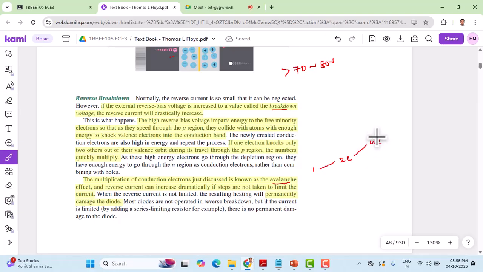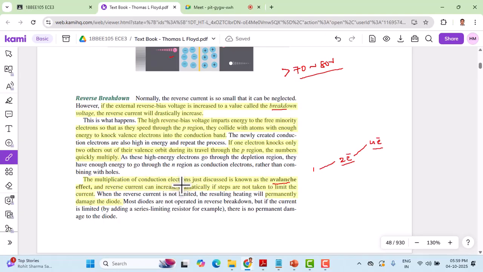In this way, electrons acquire energy, hit the atoms and help them release electrons, causing a larger number of electrons, and that effect is called the avalanche effect. Remember that this happens only when you increase the reverse voltage to 70 to 80 volts, and this reverse current dramatically increases.